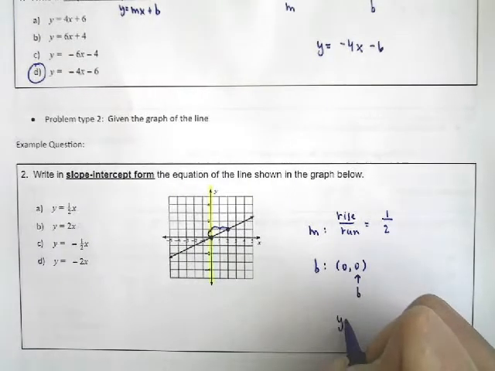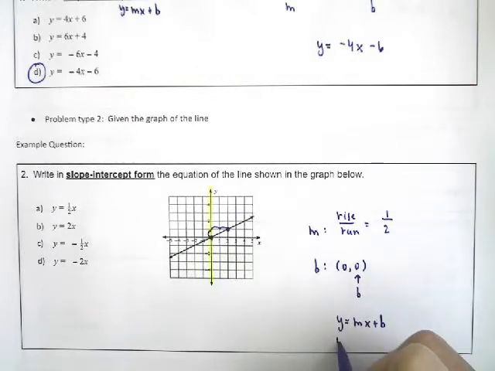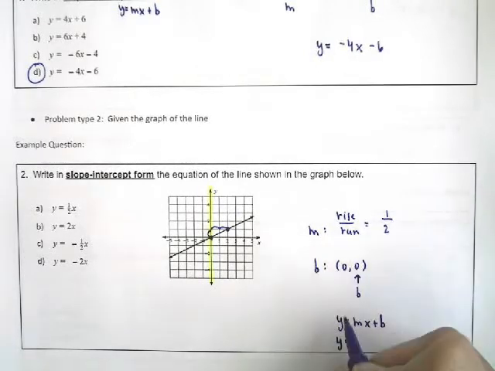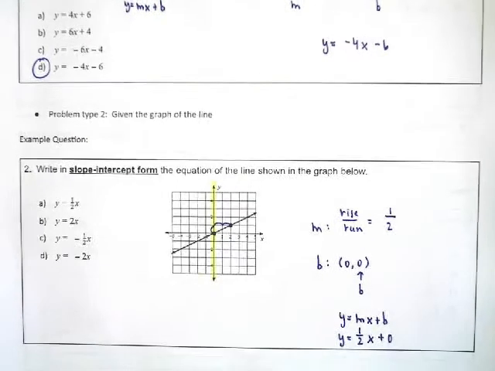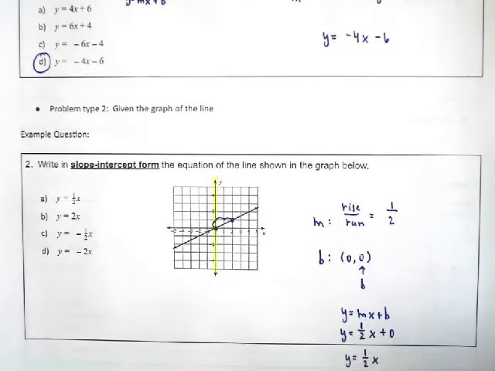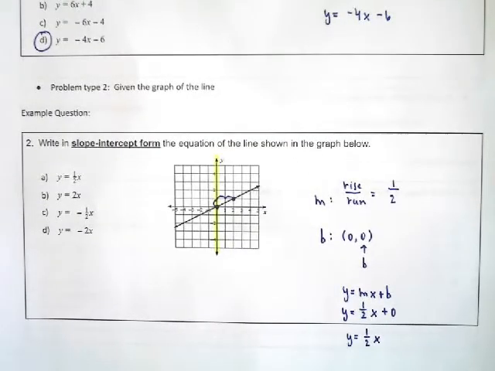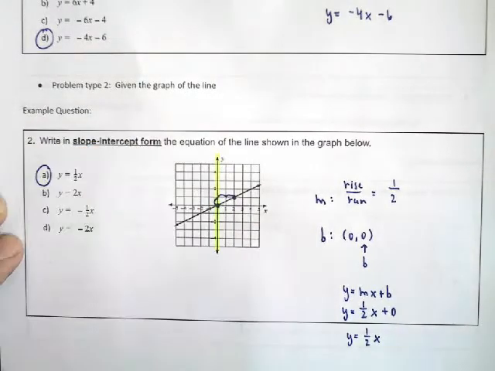So now I'm going to plug this into our slope-intercept form, y = mx + b. So I get y = our slope is 1/2. I attach the x. Now, we could put a plus 0, but remember that's just the same as y = 1/2 x. So looking at my answer choices, that's actually A right here.